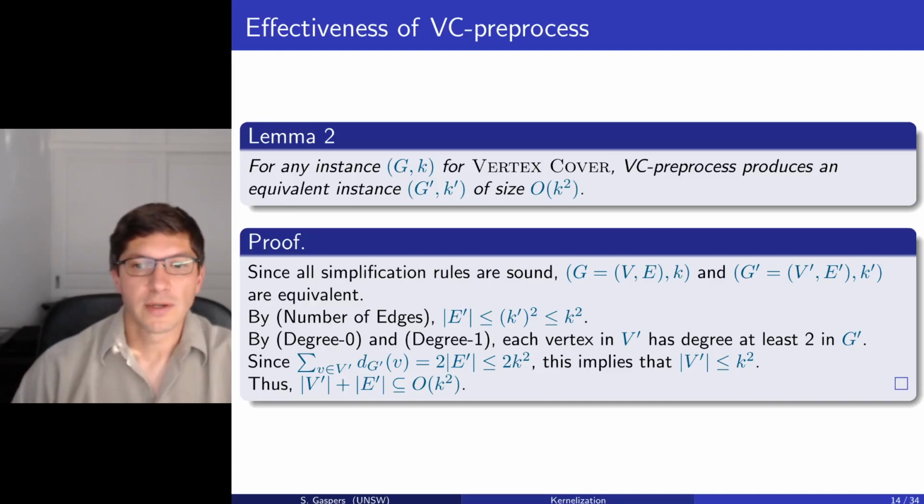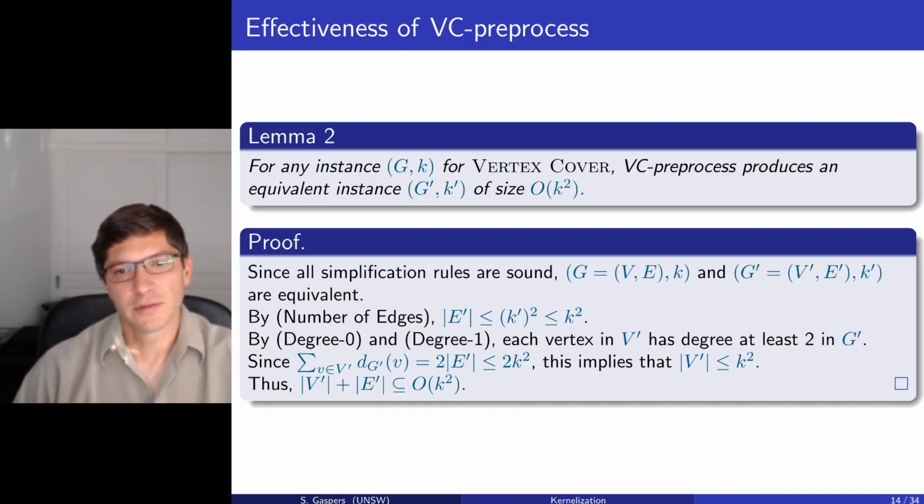And so each vertex in V prime has degree at least 2 in G prime. Now, by the handshaking lemma, the sum of the vertex degrees equals twice the number of edges, and we have upper bounded the number of edges. So the sum of the vertex degrees is at most 2k squared.